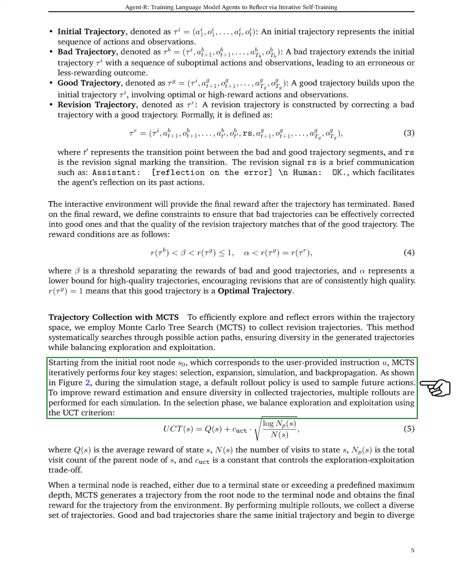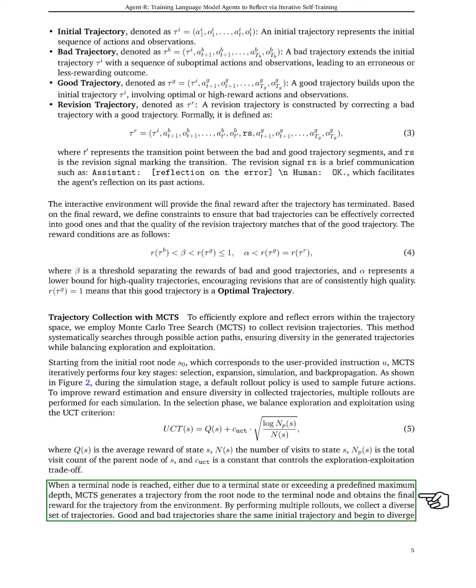In the selection phase, we balance exploration and exploitation using the UCT criterion. When we reach a terminal node, we generate a trajectory from the root to the terminal node and receive the final reward from the environment.